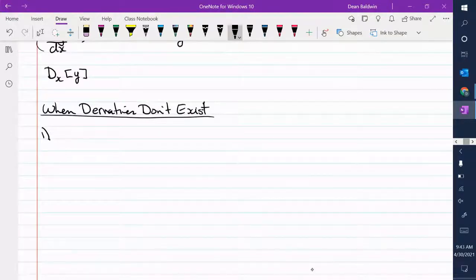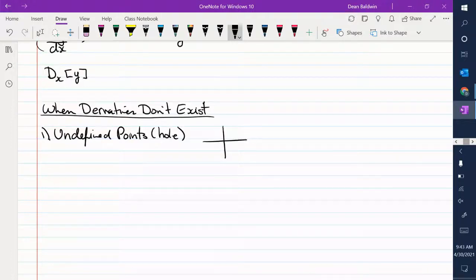So if you have undefined points, i.e. a hole in the graph, we say f prime of c does not exist. If the point doesn't exist, the derivative can't exist. If there's nothing there, you can't do a derivative. Think of it in terms of drawing a tangent line: you can't draw a tangent line through a point that does not exist.